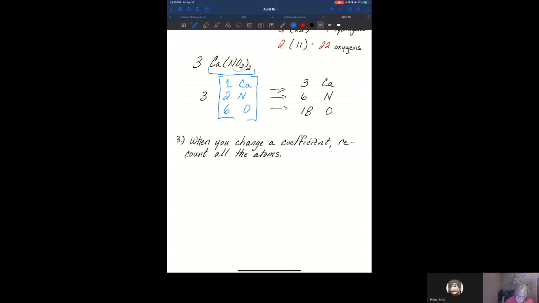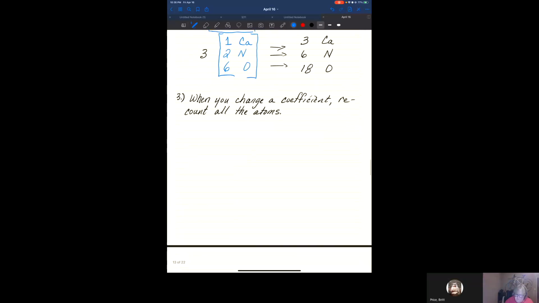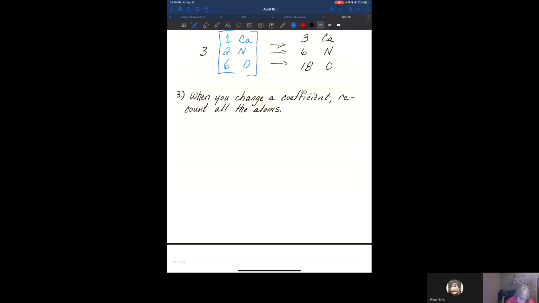I kind of liken balancing equations to following a set of dominoes.